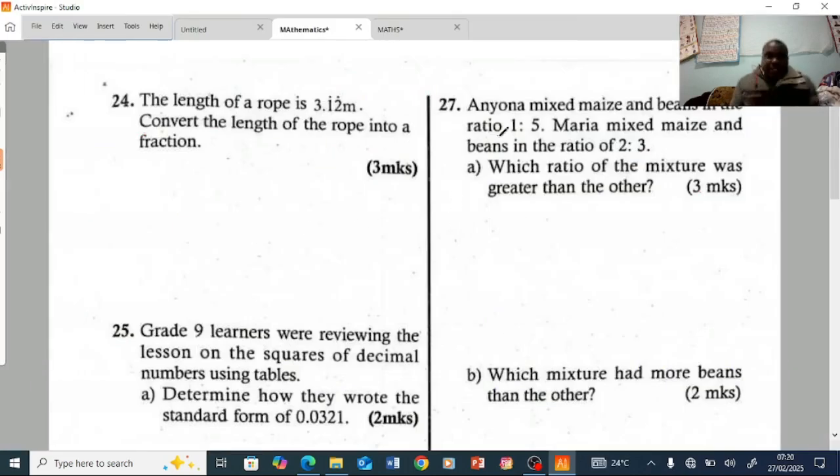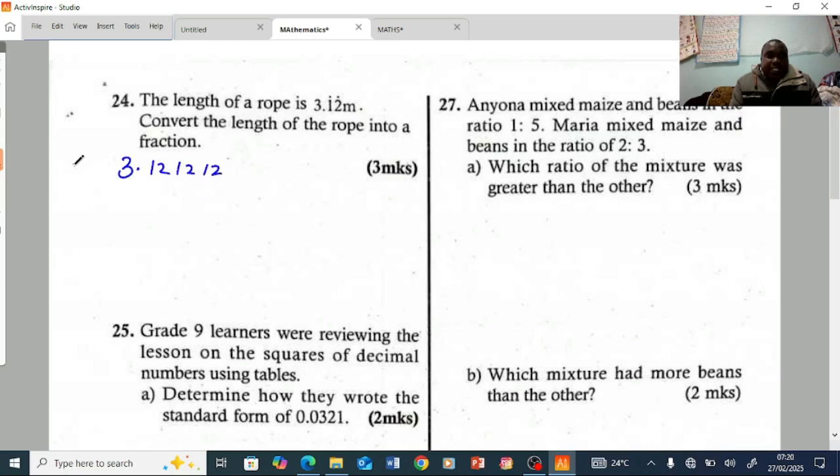Number 24. The length of a rope is 3.1212 meters recurring. Convert the length of the rope into a fraction.